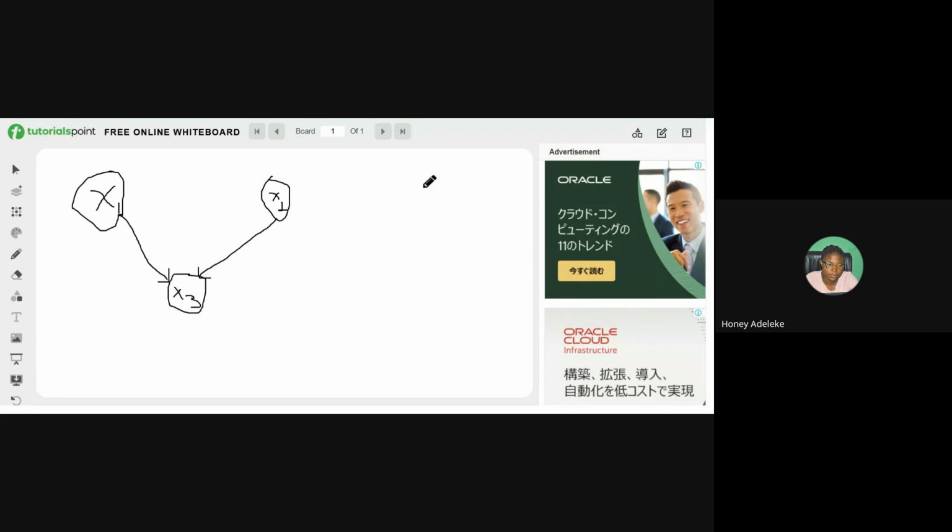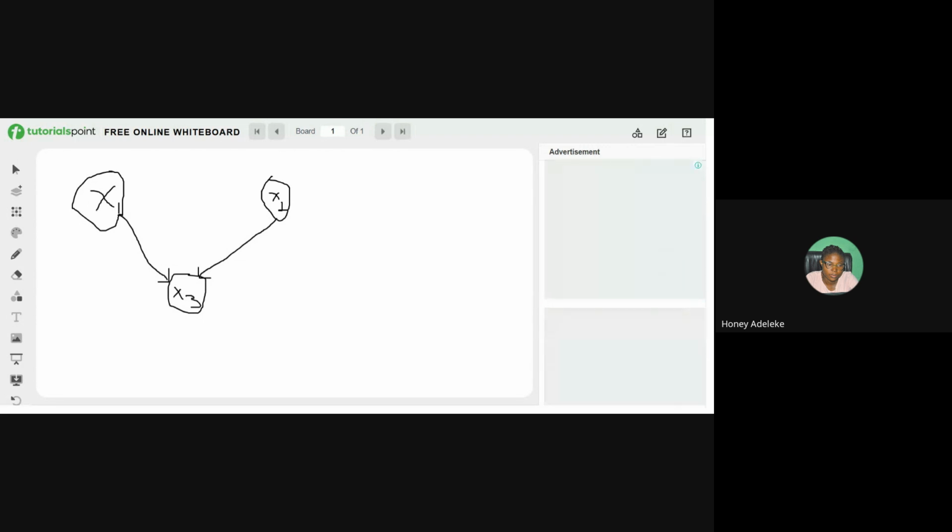It could be the other way. This is a directed graph because it shows the flow of influence, and you can determine which is the parent, which is the child in this kind of graph. So that makes it a directed graph.